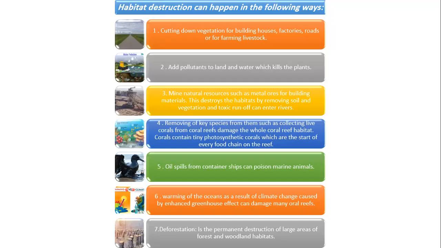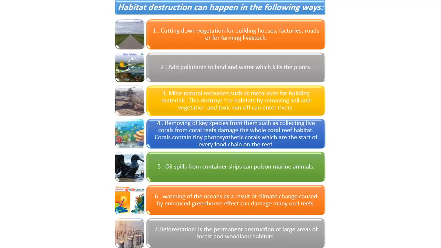Like what? Like when we remove the coral reefs. These are the photosynthetic populations in the ocean's ecosystem. So when we remove them, this will alter the whole food chain, because no animal will get enough food without the photosynthesis.